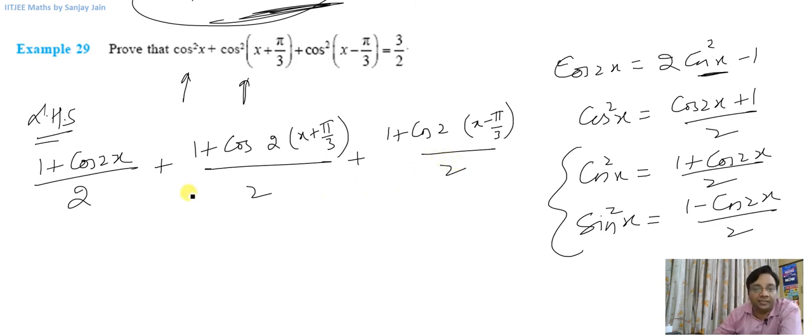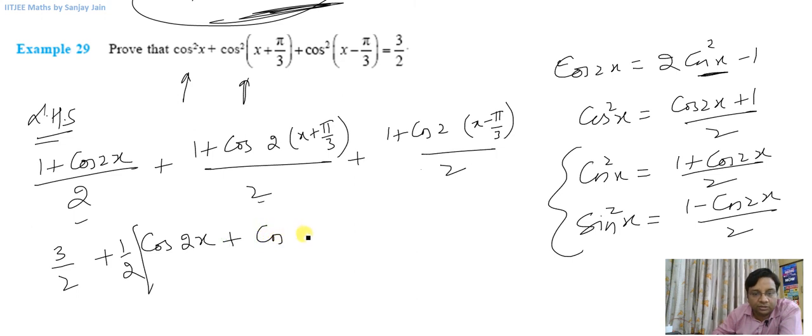This is my left hand side. Now this 1/2, 1/2, 1/2 can be written as 3/2 plus, taking 1/2 common, cos 2x plus cos(2x + π/3) plus cos(2x - π/3).